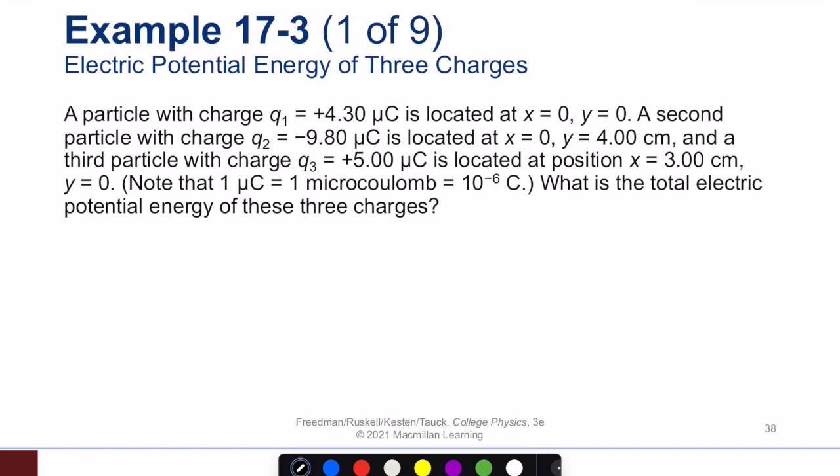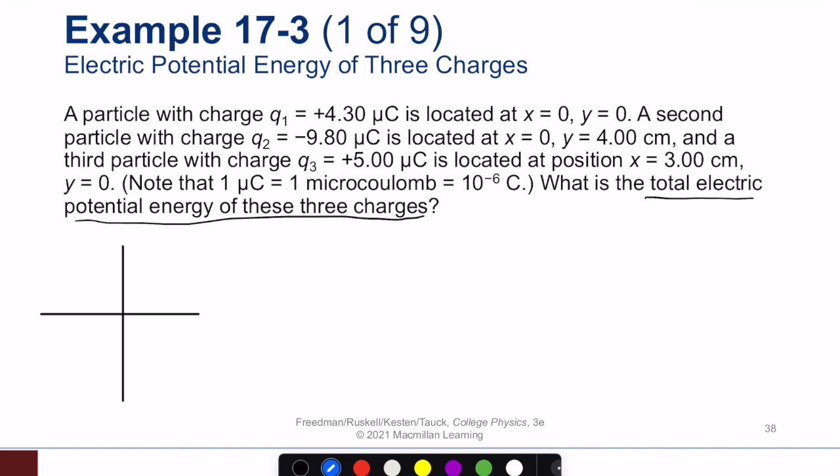So we have 3 particles with different charges, and they're located at different positions on an XY axis. What is the total electric potential energy of these three? So I think the best way is to draw a picture, because what we're going to need is the positions, right? And how much distance is between them.